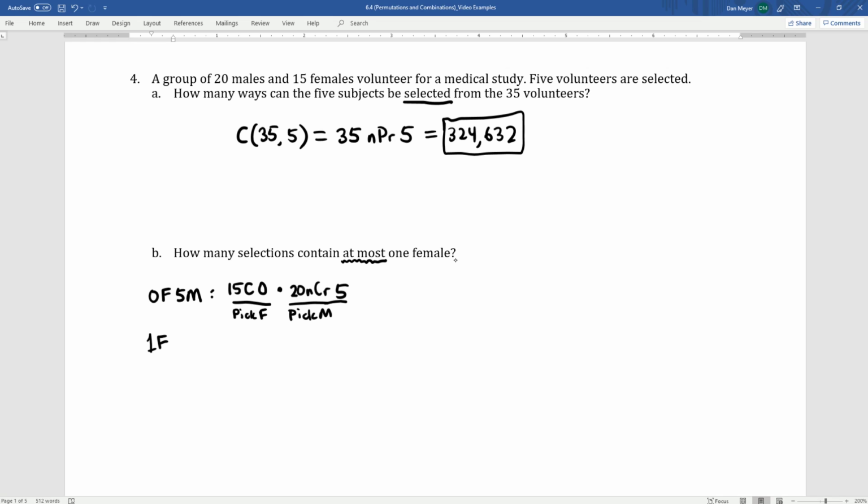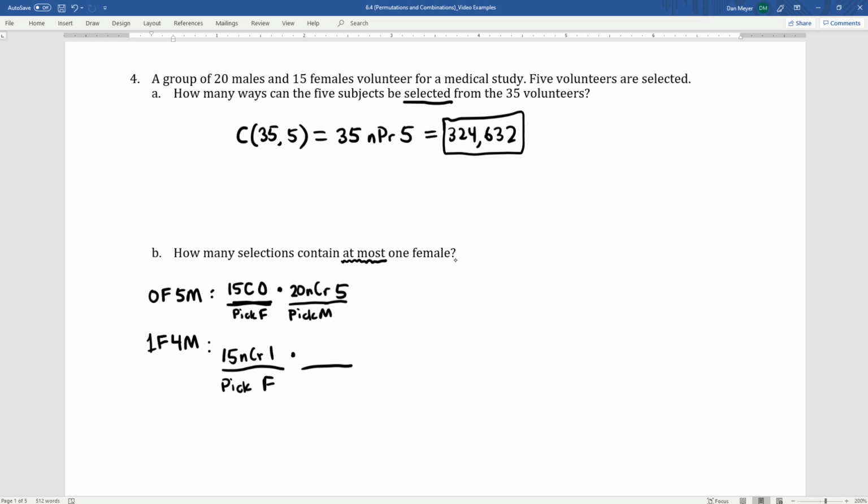Okay. Similarly, for the 1 female scenario, that's the other case, we have to pick 4 males to go along with that 1 female. There are 15 choose 1 ways to pick 1 female, or you can just write 15. But I think trying to understand these things, see how they're the same, we can think of all of these as a pair of combinations.